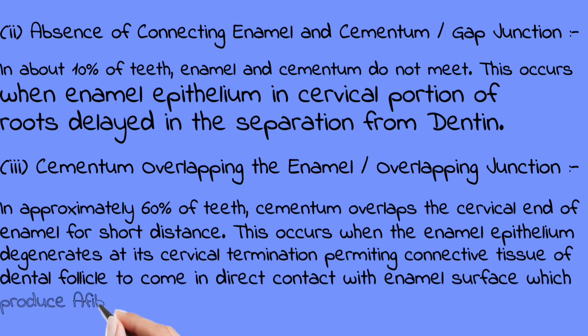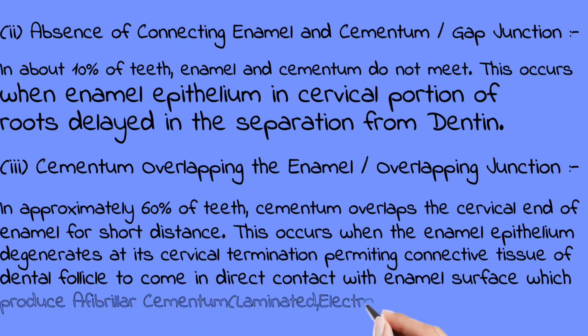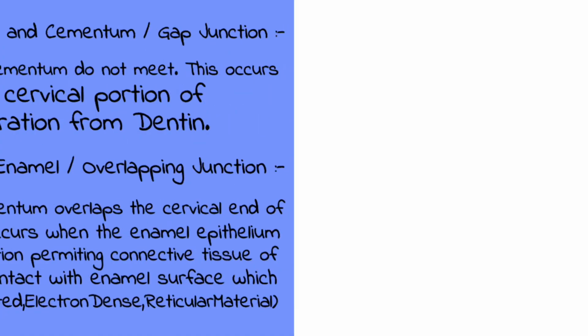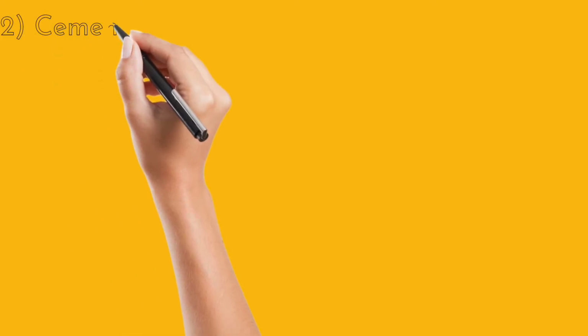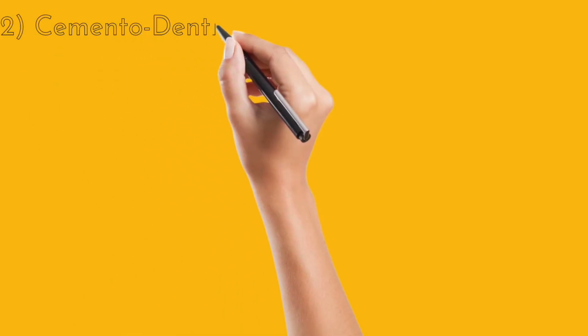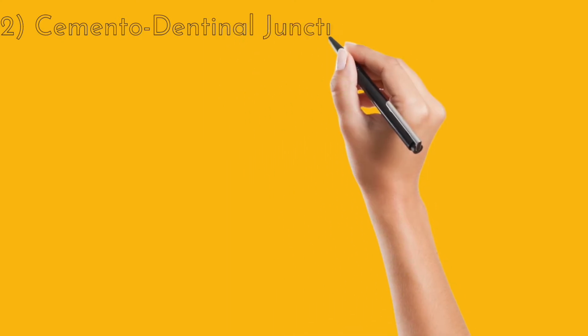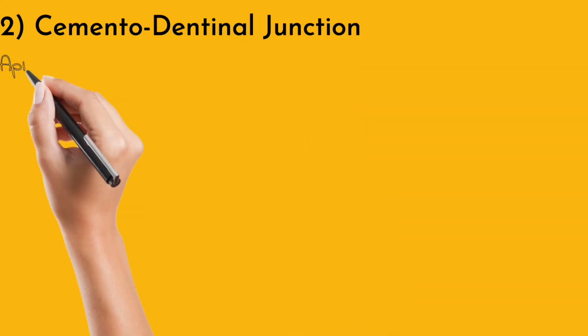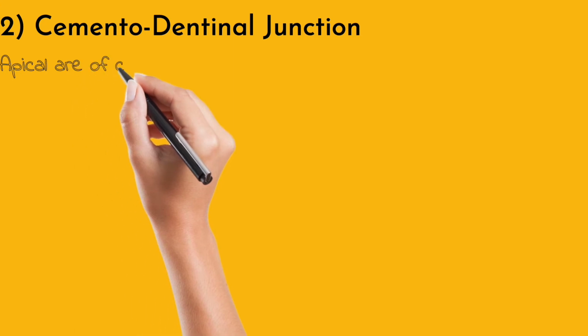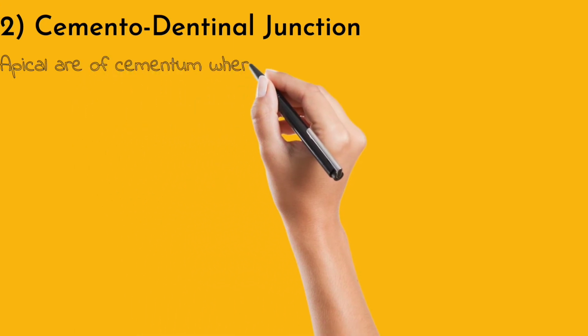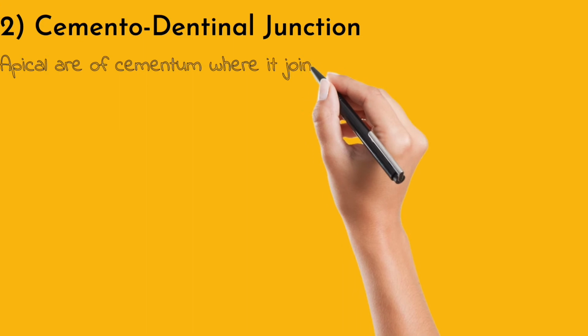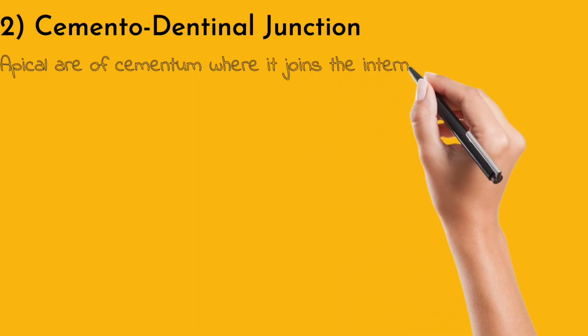These are the apical area of the cementum where it joins the dentine, and this is called the cemento-dentinal junction.